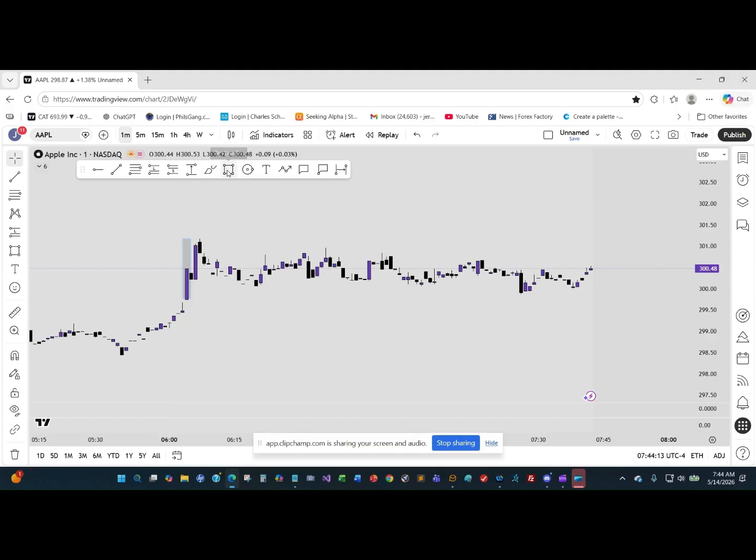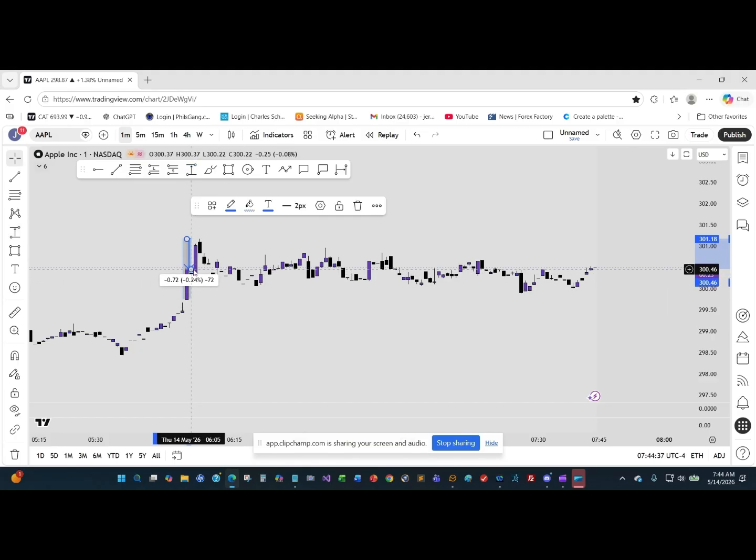So grab the price range tool and look at the range on the box we just put. It's $1.42, so basically 0.7 is what you're looking at for half of it.